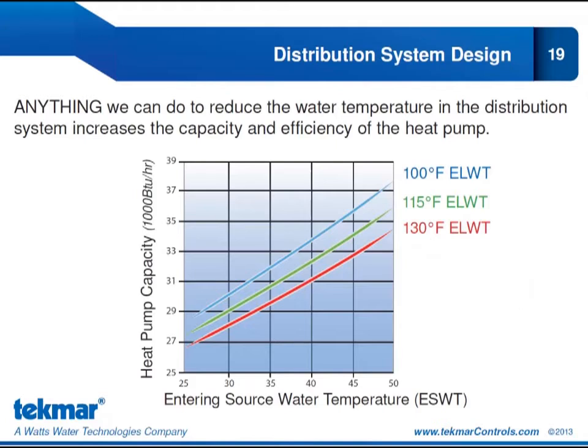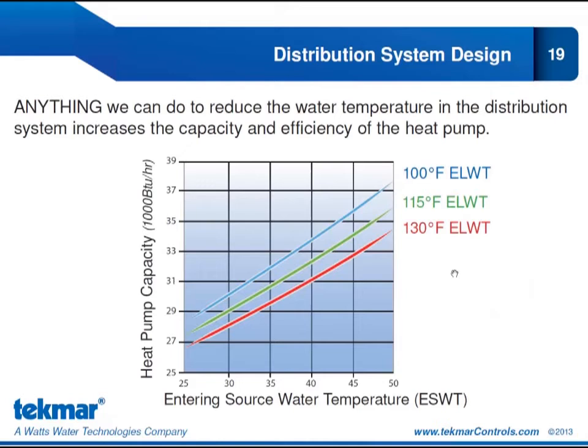You can see that we get the highest capacity when our entering load water temperature is at its lowest. So here at 100 degrees Fahrenheit, the capacity of our heat pump is by far the highest. And also when our entering source water temperature is at its highest. So we want the high entering source water temperature and the low entering load water temperature to give us that maximum heat pump capacity and efficiency.